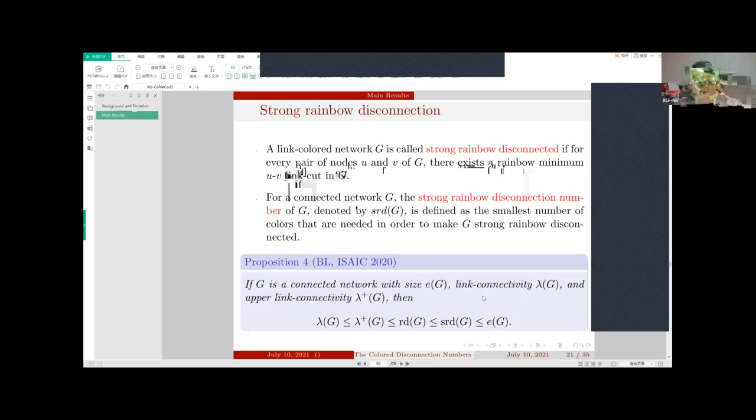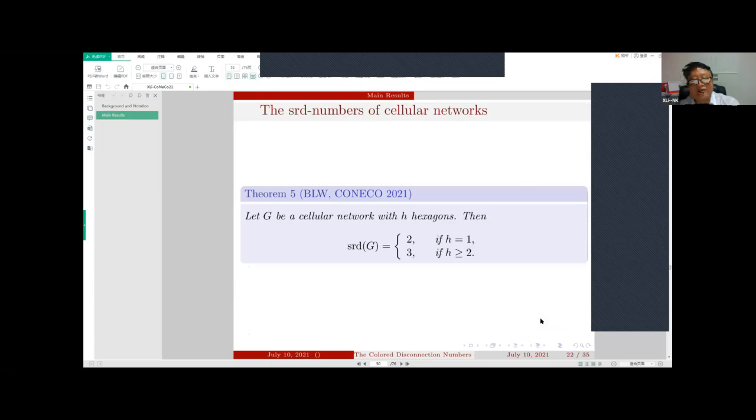We have some papers about this SRD. SRD has these kinds of inequalities. And for the cellular network, it is the same. Even though the definition is stronger, the result is the same. So SRD and RD for one hexagon is 2.